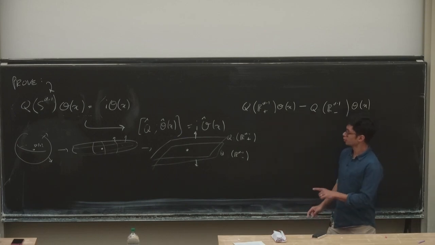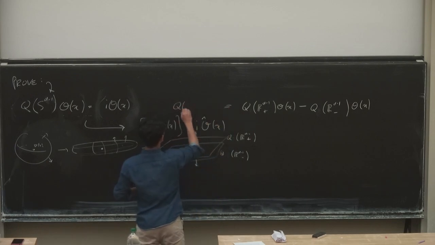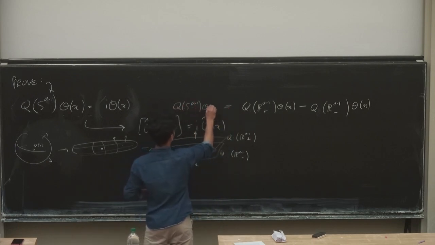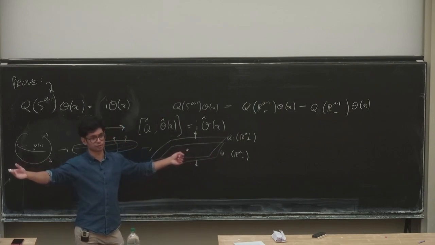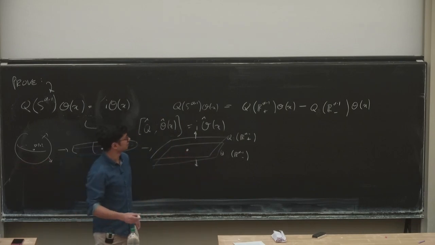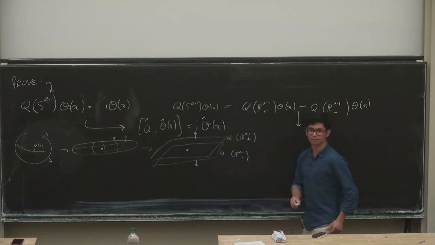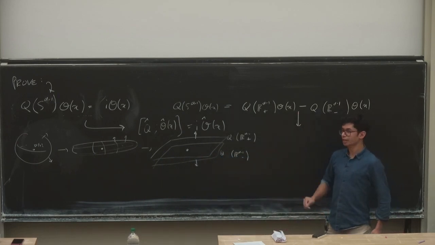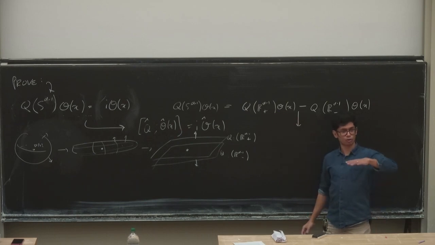So far all I've said is that this is equal to Q of S_{d-1} O of x. These are the same thing, provided nothing bad is happening at infinity, which we're going to assume. Now what we want to do is go from this to a Hilbert space picture. If you realize these as operators in a quantum Hilbert space, the ordering comes from the time ordering.